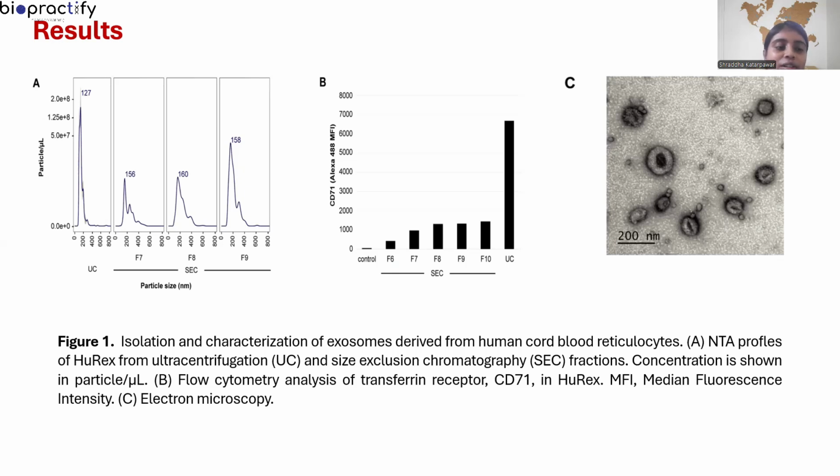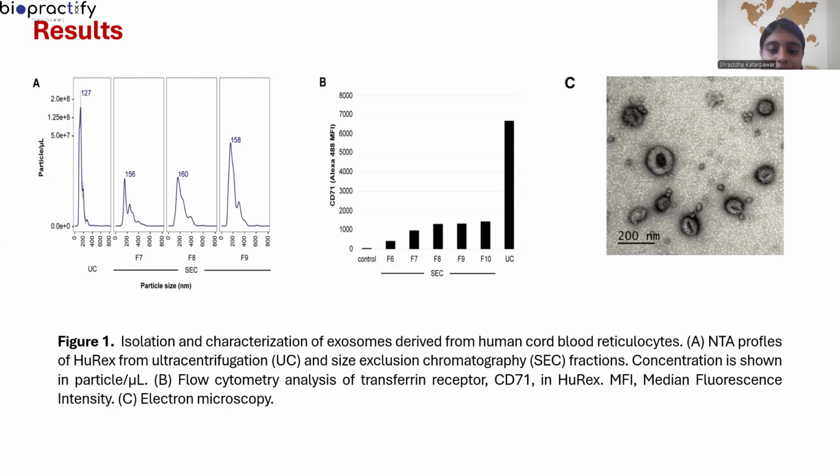In graph 1, we can observe that in the ultracentrifugation sample the intensity, like 127, is high compared to size exclusion chromatography, which is 160 and 158. Its intensity is still low. It means that ultracentrifugation is an ideal method of isolation, as the NTA profile suggests the greater intensity of the ultracentrifugation method.